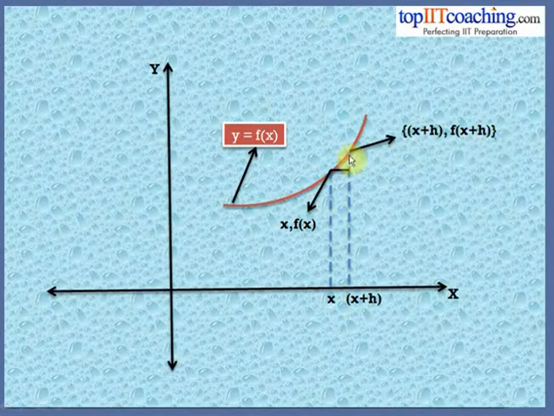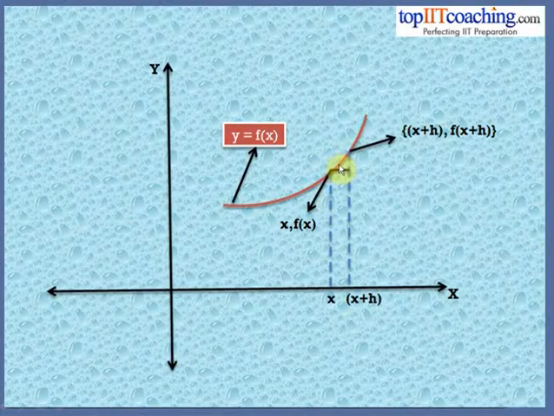Now as h tends to 0, this point becomes very close to x. So this would tend to be a triangle instead of being a curve. So when h tends to 0, this resembles a triangle. Thus we can say that this is a triangle for which this is (x plus h, f(x plus h)), and this point is (x plus h, f(x)).